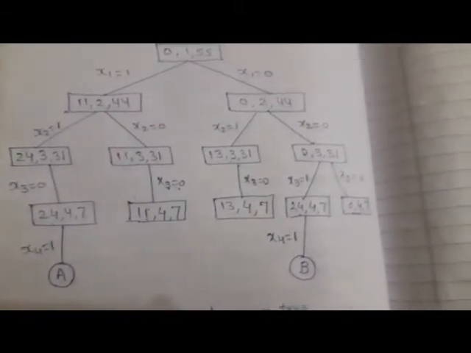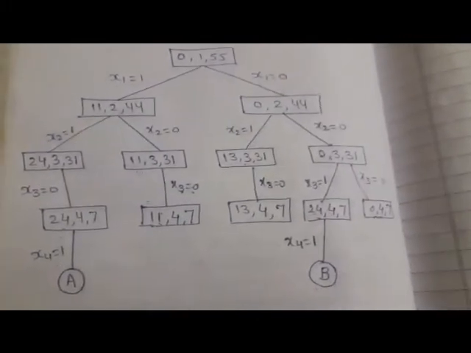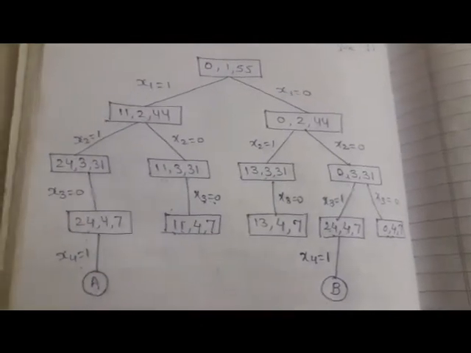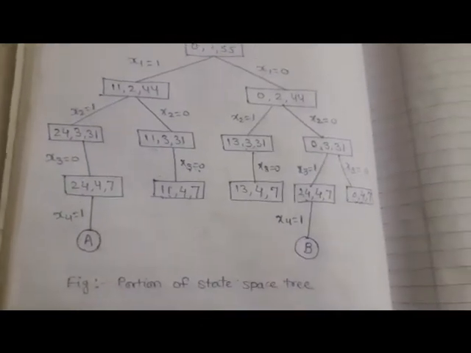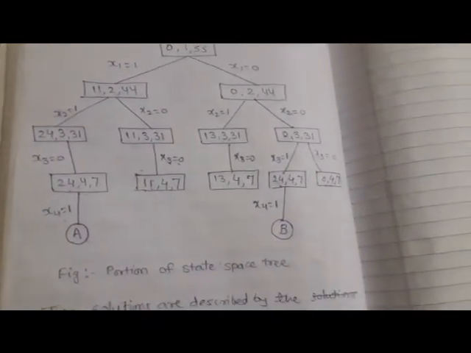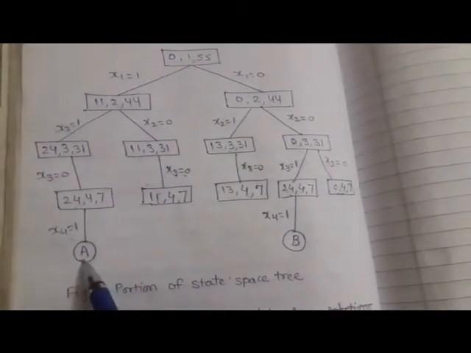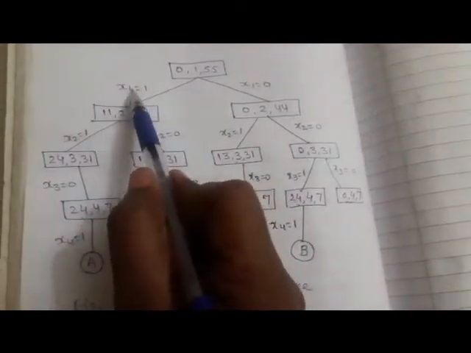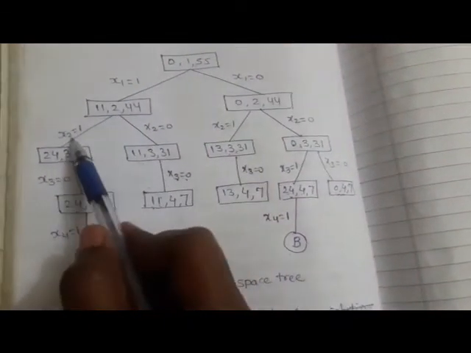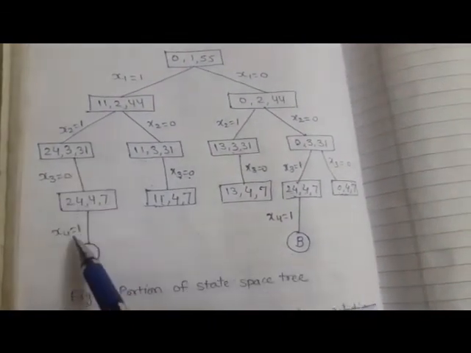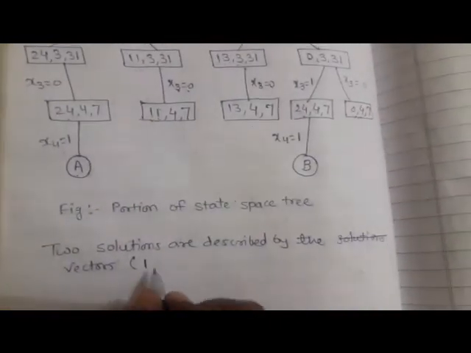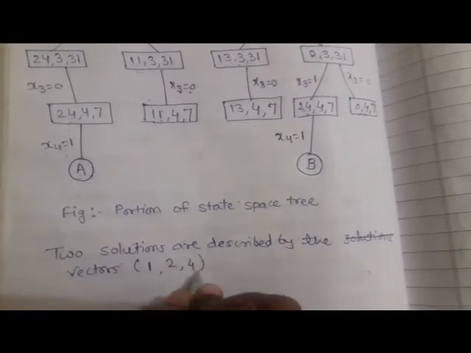Here we got the two solutions, and those solutions are described by vectors. The first solution, we write it by the vector. So the first weight is added, the second weight is added, and the fourth weight is added. So we can write it as 1, 2, 4.